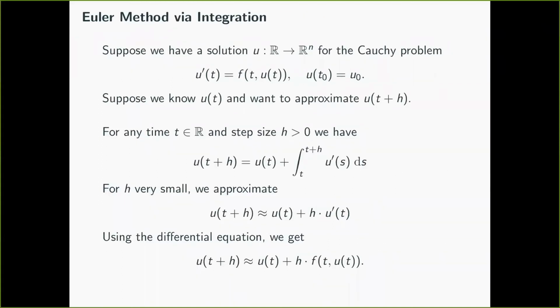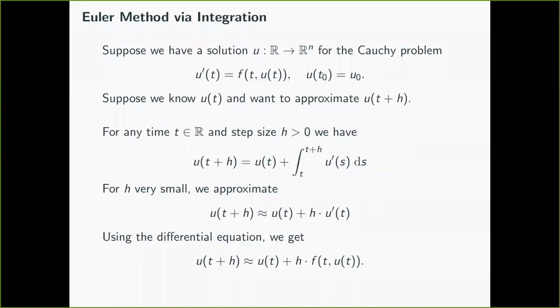Now, there's a different way to derive the Euler method. Namely, we also recall that if we have this time t and the step size h, then u(t+h) is exactly the same as u(t) plus the integral from t up to t+h of the derivative u'(s) ds. Now, for h small, we can reasonably approximate the integral by h times u' at the left endpoint of the interval.